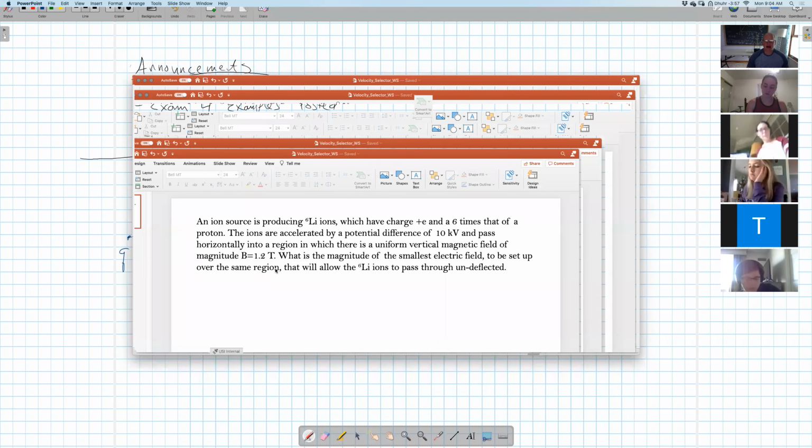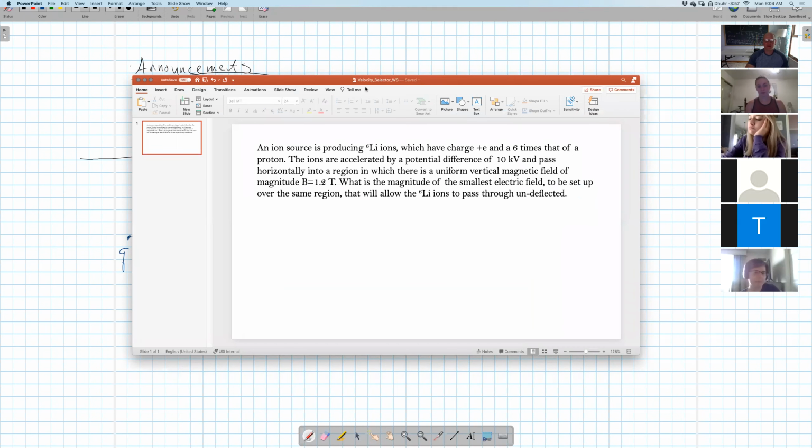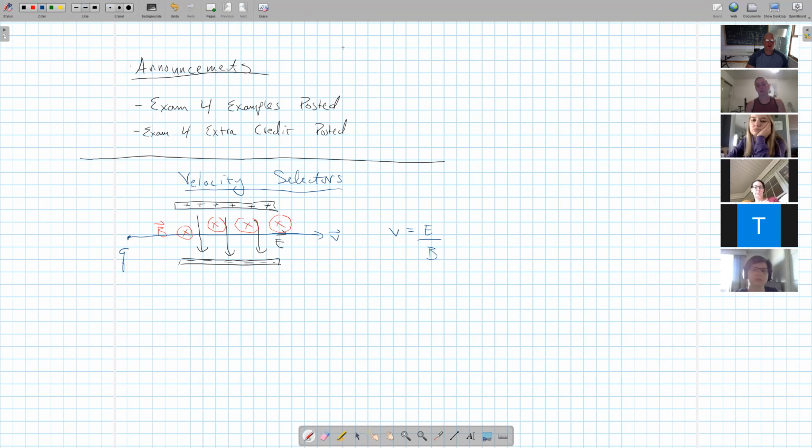The ions are accelerated by a potential difference of 10 kilovolts and pass horizontally into a region in which there is a uniform magnetic field of 1.2 Teslas. It wants to know what is the size of the electric field that will allow these guys to move through this region completely undeflected. Okay, so this is what we want to know.